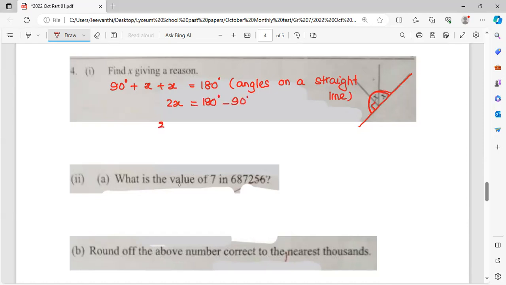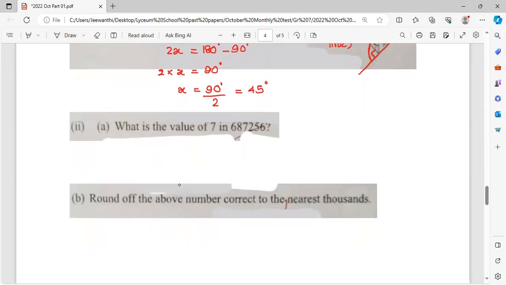So then 2 times x is equal to 90. So then x is equal to 90 divided by 2. The answer is 45 degrees. So they see the way I have done the answers, the way I have written the equation marks.